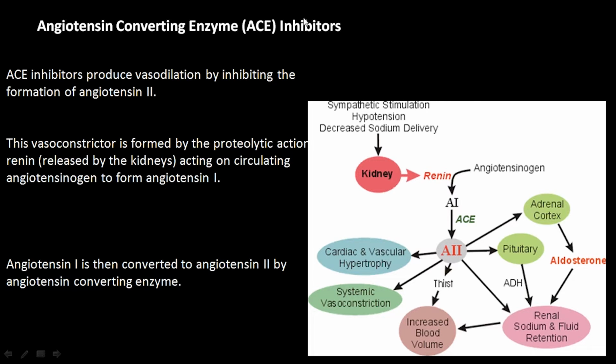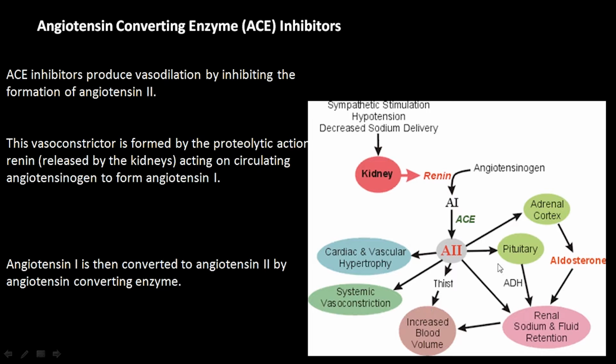Then, again involved in hypertension, there is another enzyme called angiotensin converting enzyme. These ACE inhibitors produce vasodilation. What happens is we have this enzyme, ACE, which converts A1 to A2, which leads to vasoconstriction, increased blood volume, all these things.